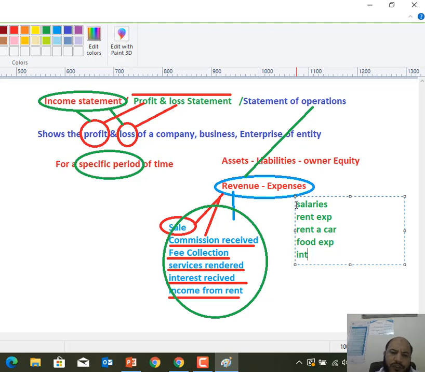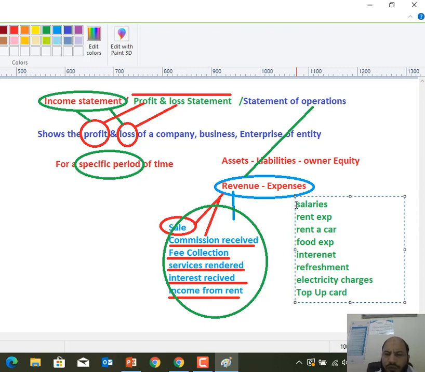Sometimes we may use the internet within the organization. The same way refreshment. Other types of activities like the electricity charges, the mobile top up card, and we will use this for communication purposes.